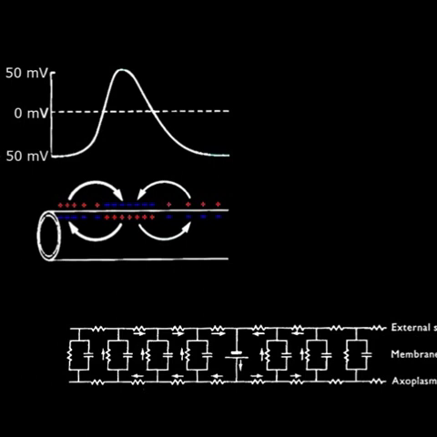And if we model the axon like this and we apply, here's a battery, a potential difference at this point, we can model the rate at which the action potential moves along the axon. If we get the resistances and the capacitances right, we get the same kind of rate of propagation of an action potential in this circuit as we get in the axon.